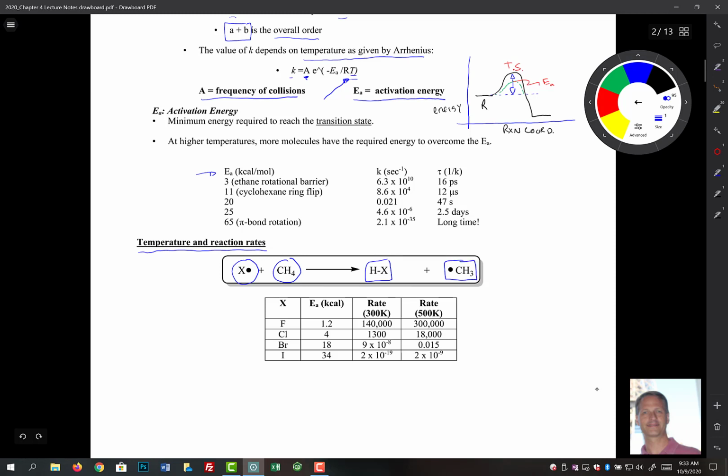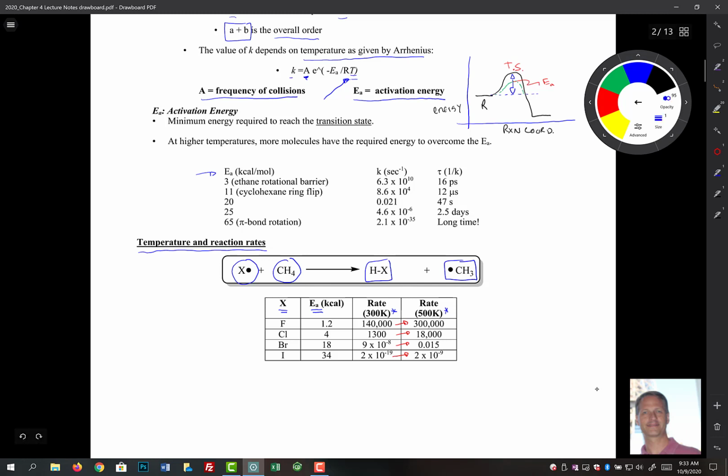Here we have different halogens, the activation energy for that step, and then the rate at 300 K versus 500 K. You can see down the line that all of these have an increase: 140,000 to 313 to 18, so on and so forth. So we can see the reaction rate increases as we increase our temperature.